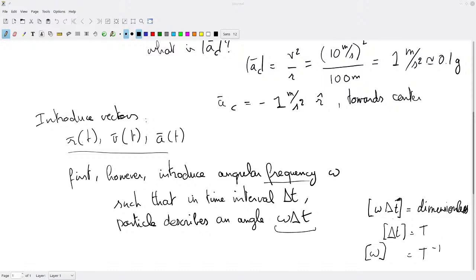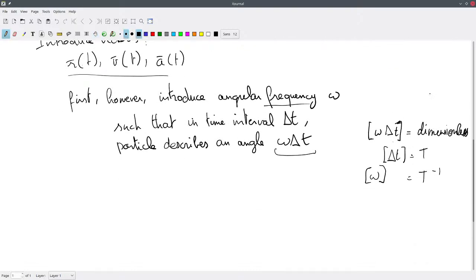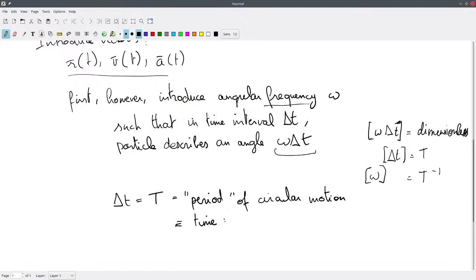So let's think about this angular frequency omega a little bit more. What happens if we pick as delta t, big T, which is the period of this circular motion? That is the time it takes to make one revolution.